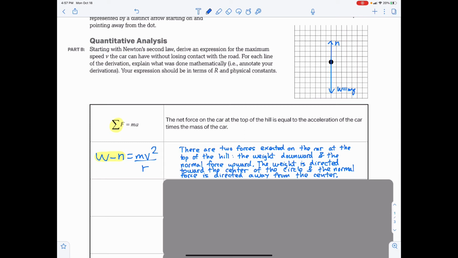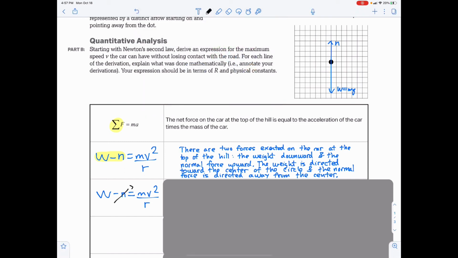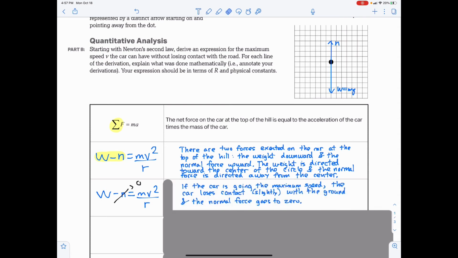Next step. If the car is going the maximum speed, the car loses contact slightly with the ground, and thus the normal force goes to zero.